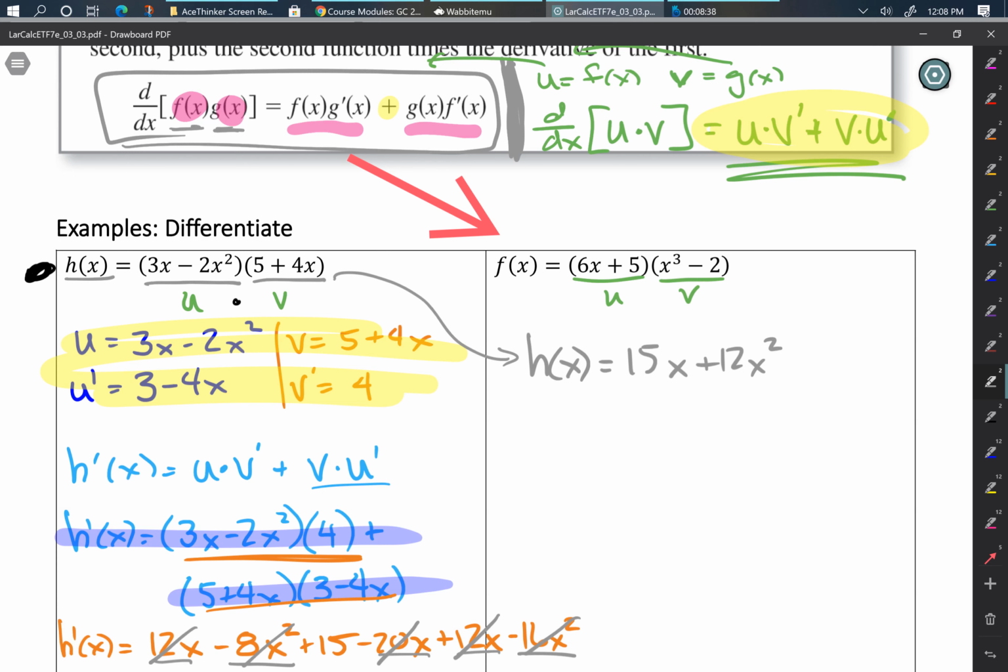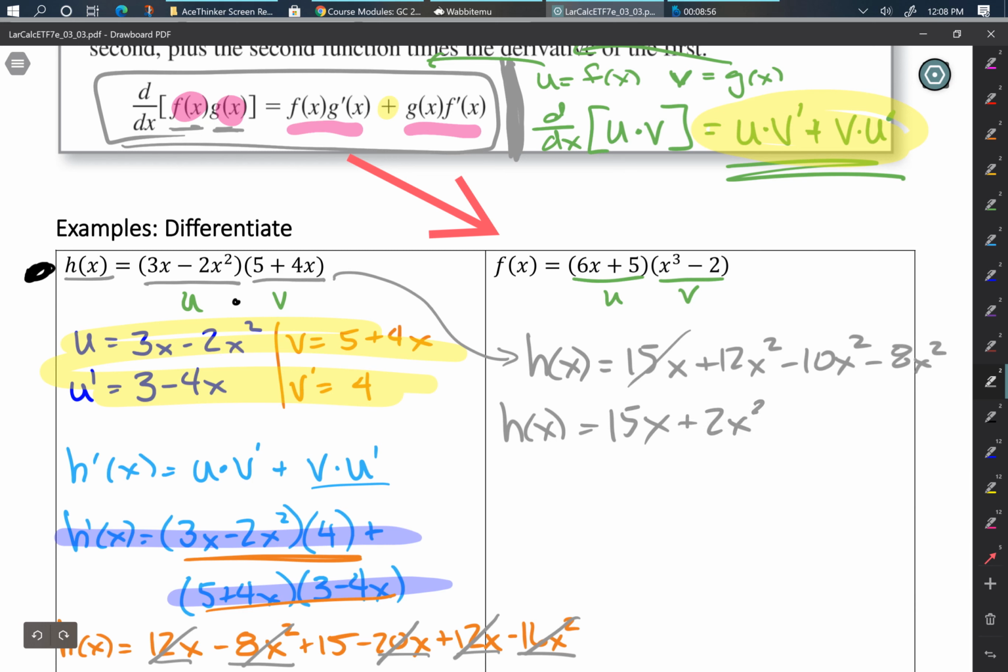Negative 10x squared. And last times last is going to give me negative 8x cubed. Combining like terms, I've got 15x, plus 2x squared, and minus 8x cubed.